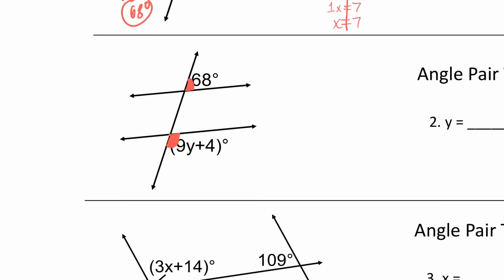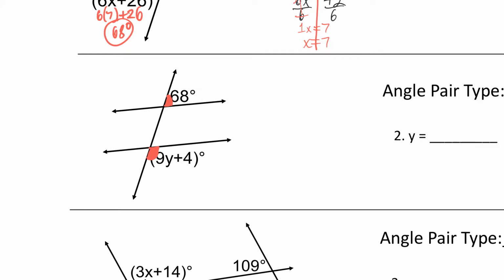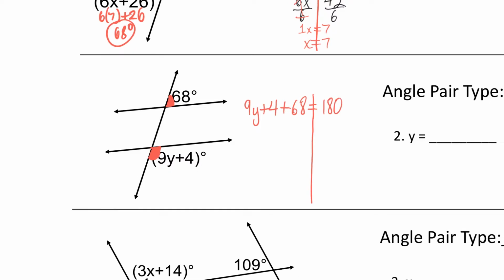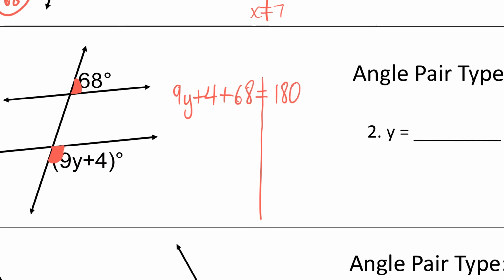Okay? So how am I going to set this up to find the value of y? So you can line 1 plus 4 plus 68 equals 180. There you go. Good job. All right, so from here we're just combining like terms.